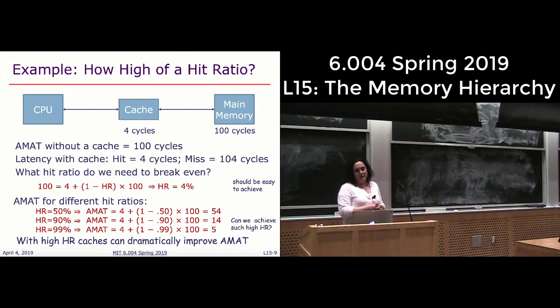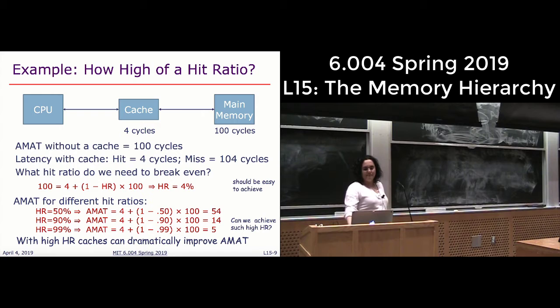And you can basically plug in the numbers here. You have 100, which is the average memory access time of just the memory, and then we have the average memory access time of the memory plus the cache, and that results in a hit rate of 4%.